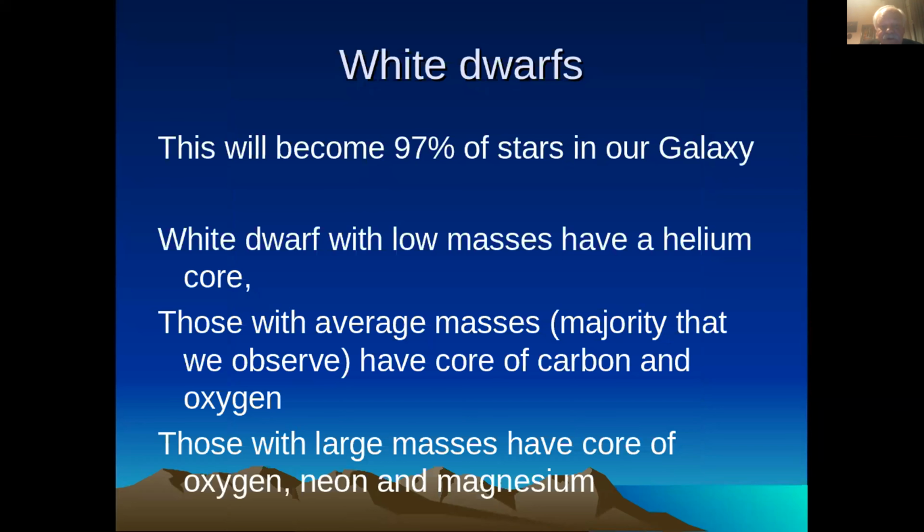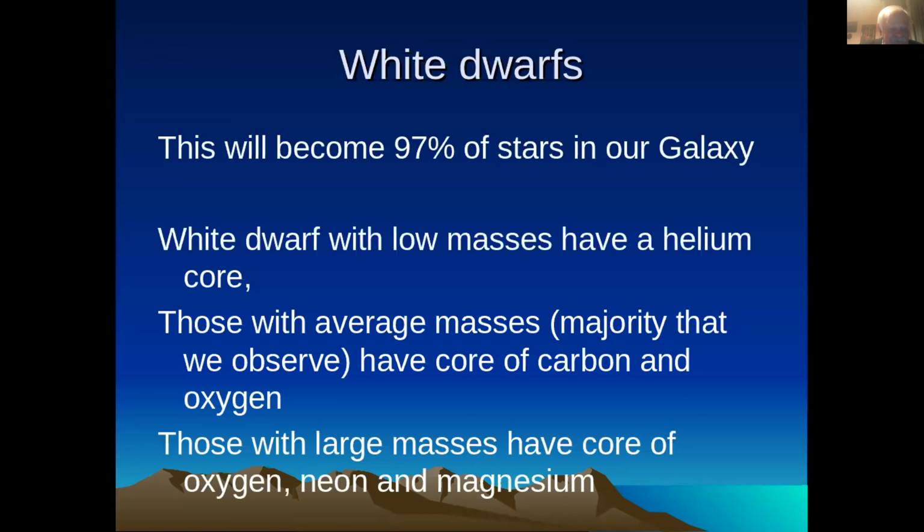White dwarfs with low masses have a helium core, but there is a small number of such dwarfs because their lifetimes are on average larger than the time interval from the Big Bang to now.